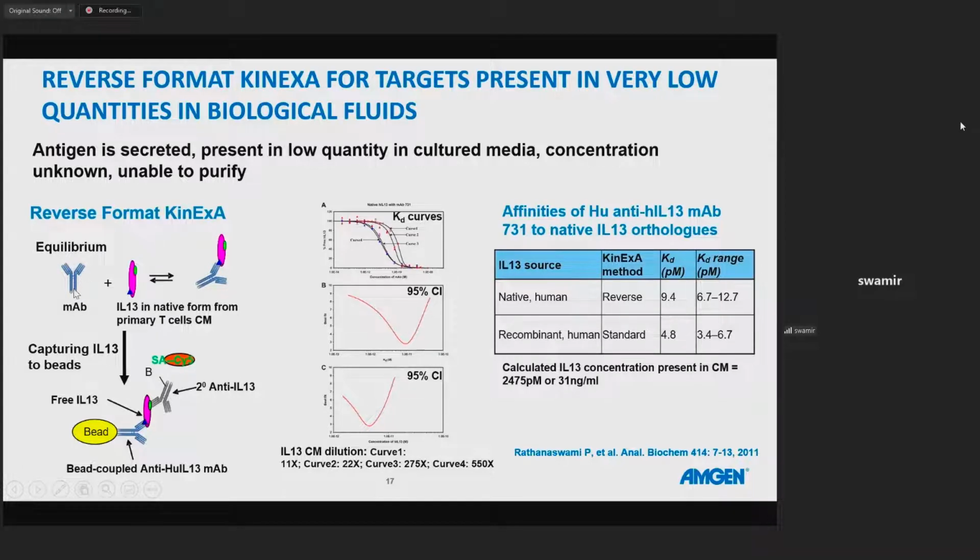The antibody is titrated and equilibrated with a fixed concentration of antigen, and at equilibrium the remaining free antigen needs to be measured.